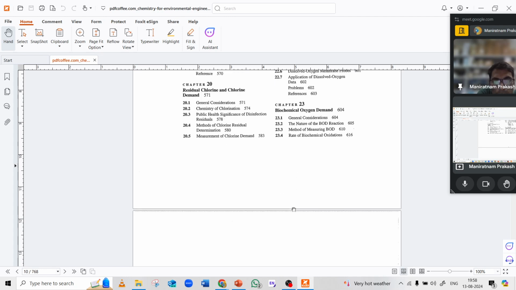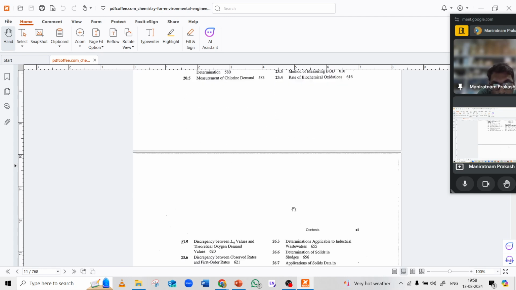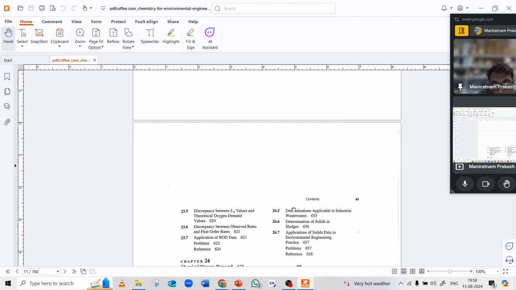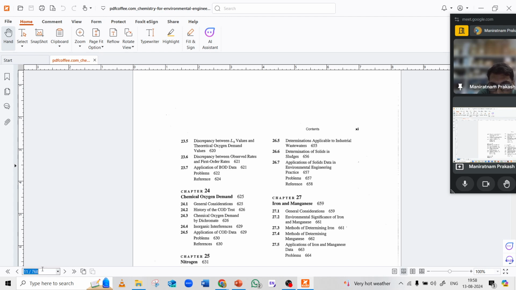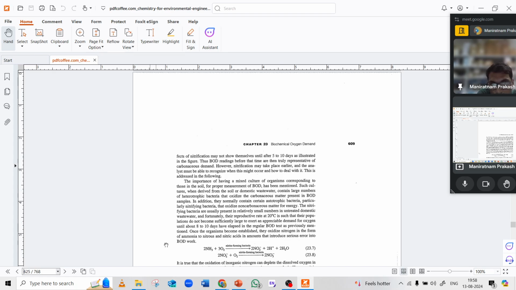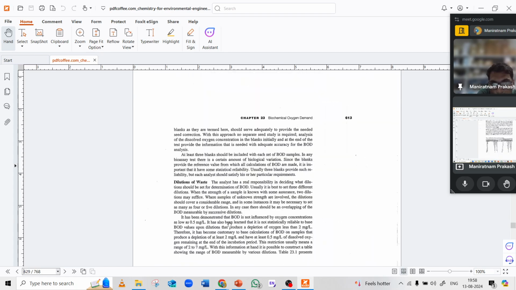But your BOD and COD can be in the range of 500, 400. So obviously you have to dilute your system in such a way that you are able to find a proper reading.